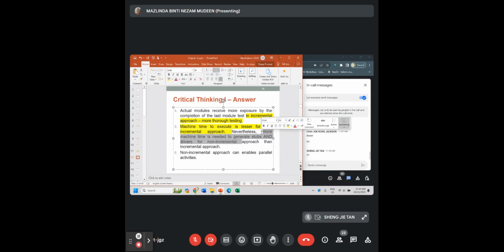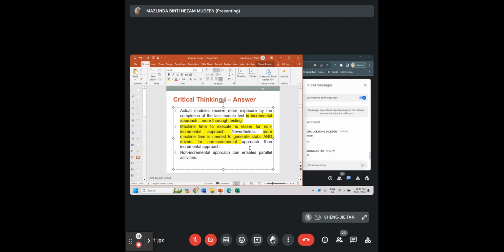Because in the incremental approach, we decide whether we need a driver or a stub, because we don't need both of them. So the machine time used to generate the stub or the driver will be less in the incremental approach.